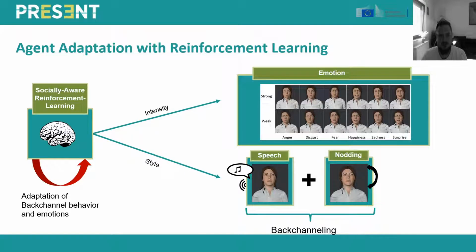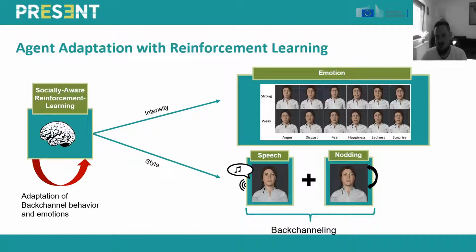Let's go a bit more into detail. So what we can show with the agent are emotions in general, which we can vary based on the intensity of the emotions that are shown. And with the reinforcement learning algorithm, we can adapt the intensity that is shown to the likings of the user.